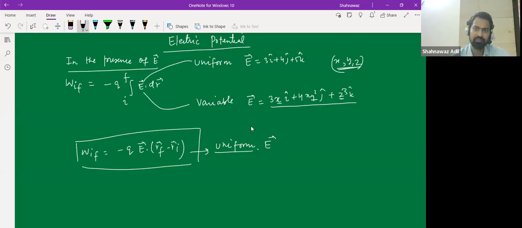Let's say if I am at 1, 3, 4, my electric field would be different. If I am at 3, 5, 6, my electric field would be different. But for the uniform case, no matter what my position is, my electric field would be the same. Right.